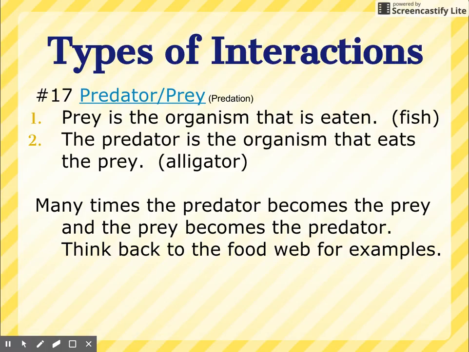We're not always predators. There's always somebody that can beat you up, or somebody that's always better than you at something. There's always something that can eat you. So most predators are also prey to something else. And you can think back to the food web for some examples.